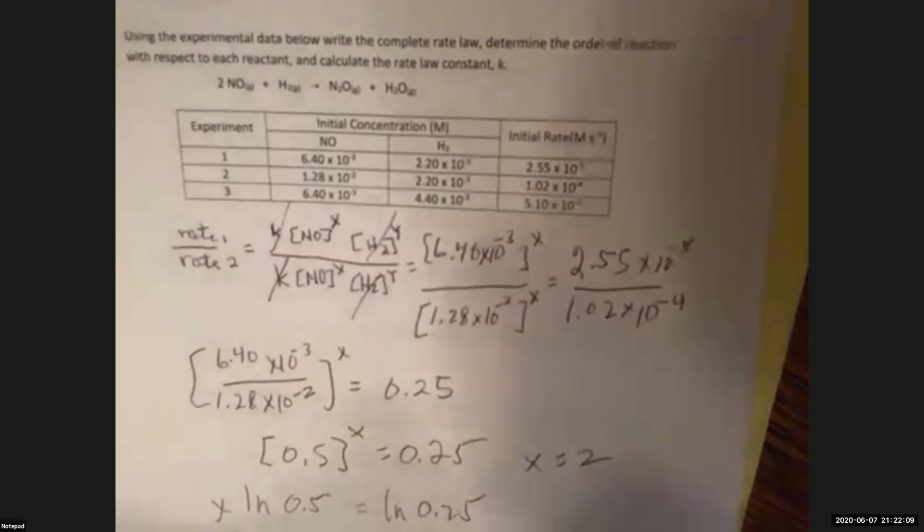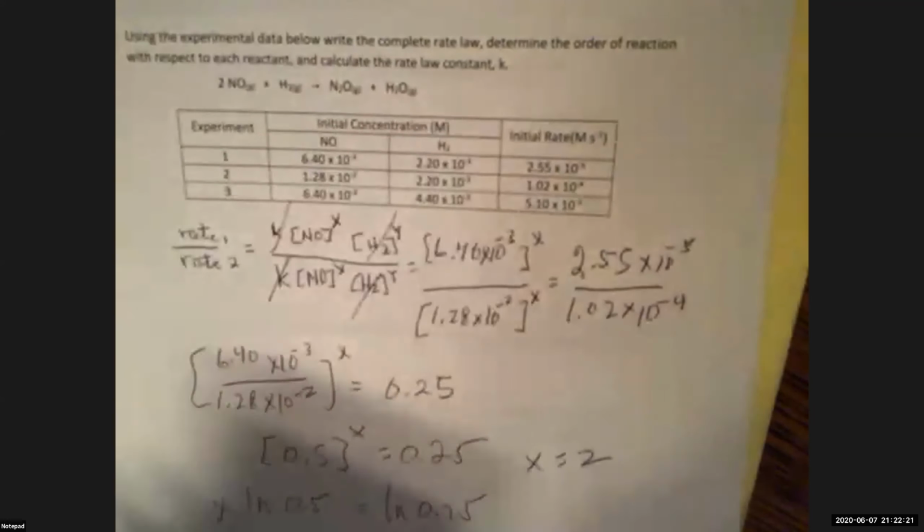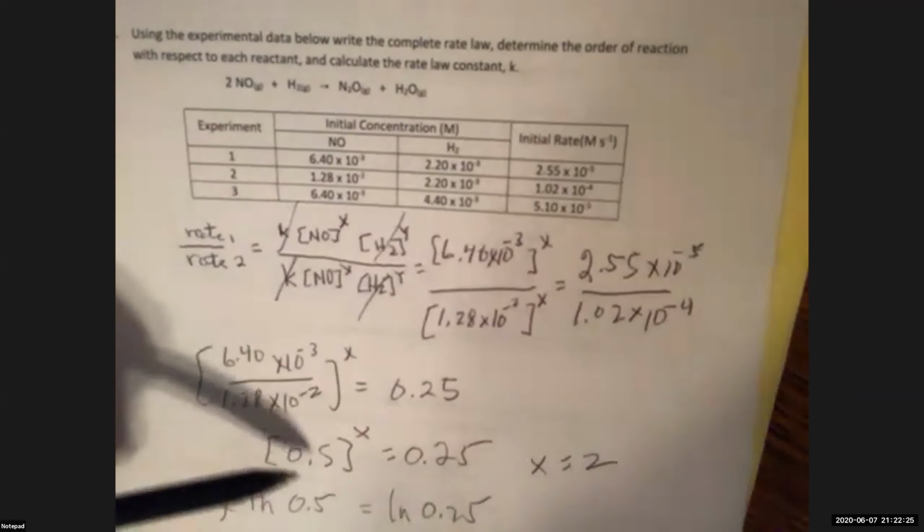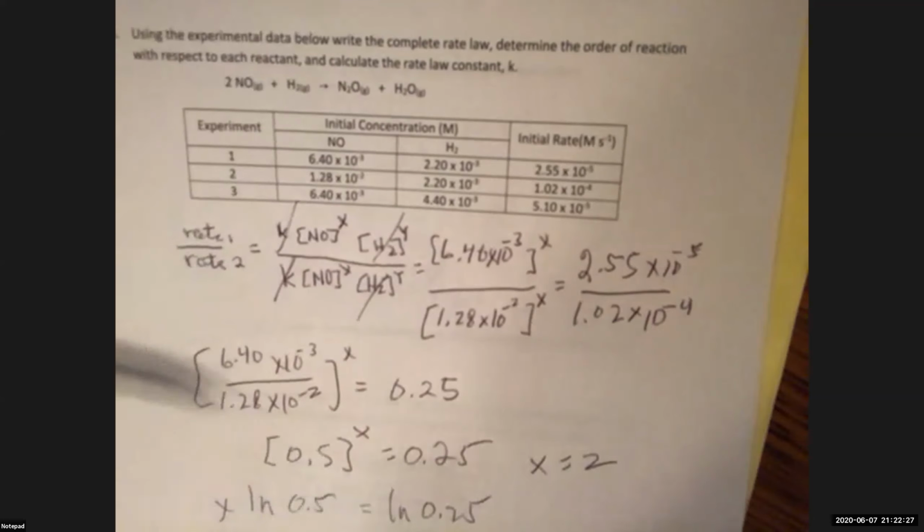If we do the natural log of 0.25 divided by the natural log of 0.5, I get 2. So this is the foolproof way of figuring out X's. You can use logs to figure that out.